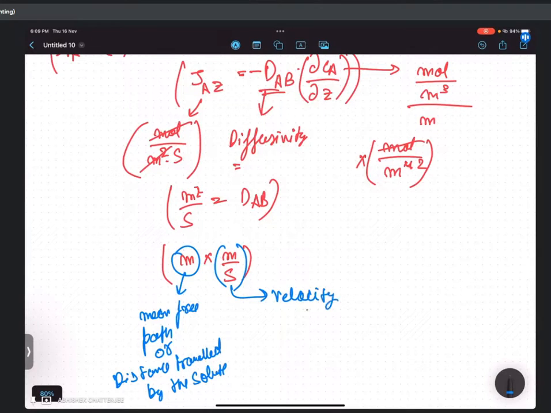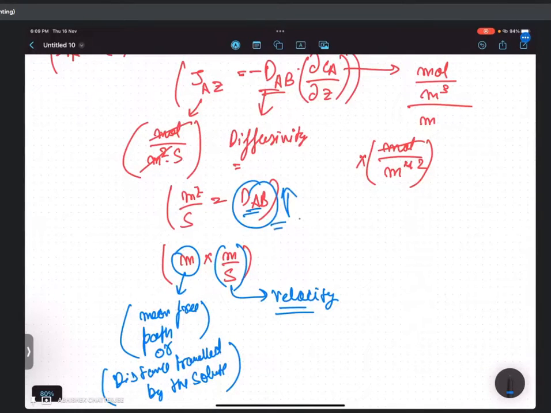So whenever the mean free path or distance traveled by the solute increases, diffusivity increases. If velocity increases, diffusivity also increases. And if diffusivity increases, the rate of diffusion will also increase.